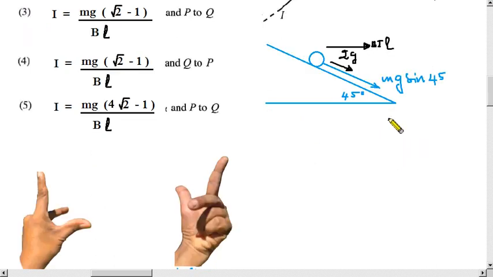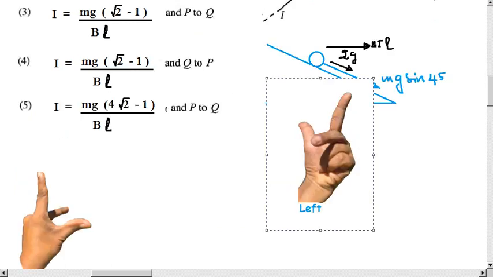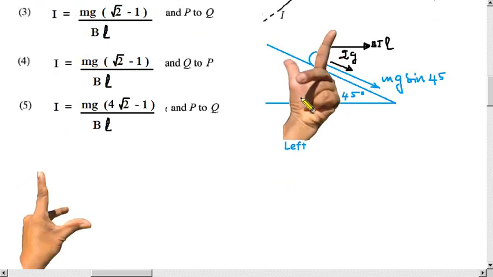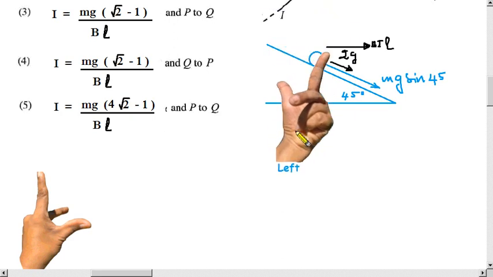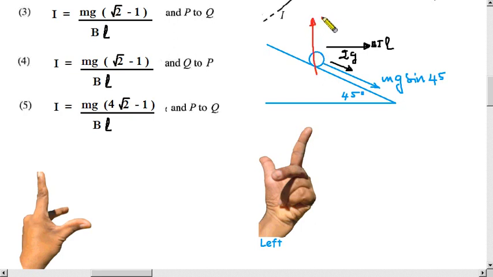So let us now use our left hand to get this force. So suppose we place our left hand like this. The direction of B is upwards, like this. B is upwards still.